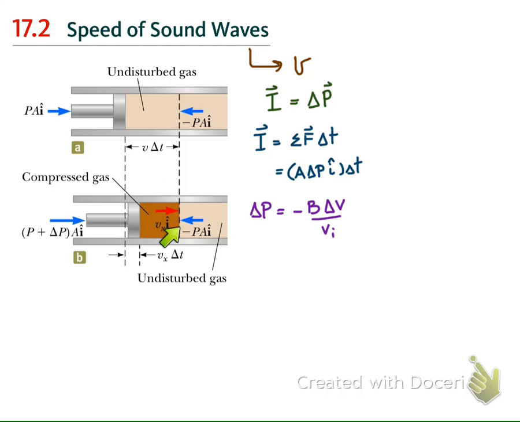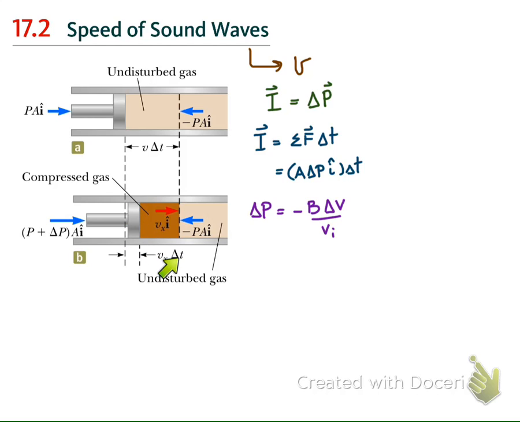So at this point there is no displacement of the element, because the sound wave just reached this point. So the displacement of this element happens only on this side, and the change of the volume is due to the displacement of this element on the left side.